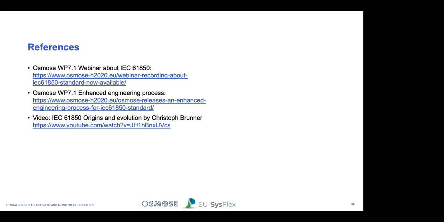There is also the presentation of the goal of the Work Package 7.1 available here. And for more information, you also have a YouTube video with an interview of Christophe Brunner with the leader of the working group. Thank you.